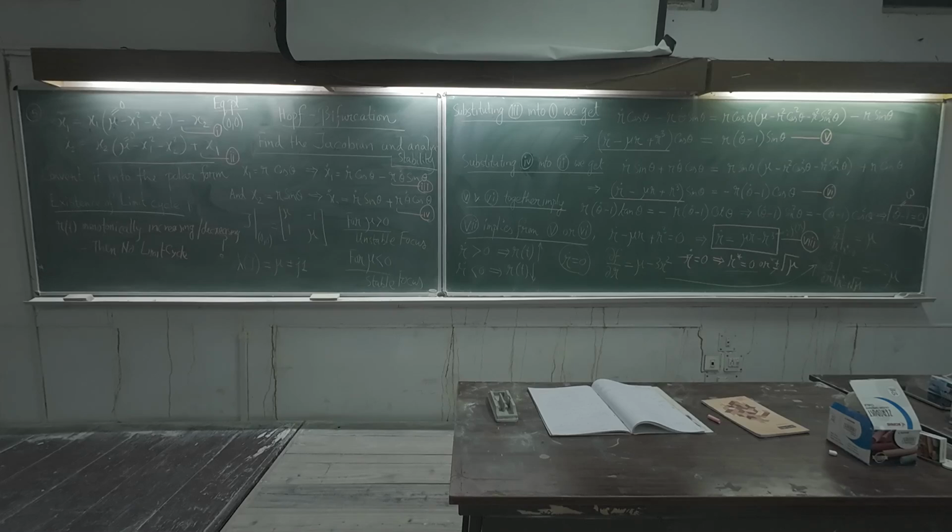After drawing the bifurcation diagram, it will be clear. First, let me see what the situation is for r star equals 0 and r star equals root over mu. The Jacobian at r star equals 0 equals mu. So what happens for positive values of mu?